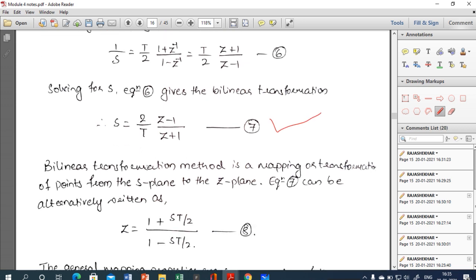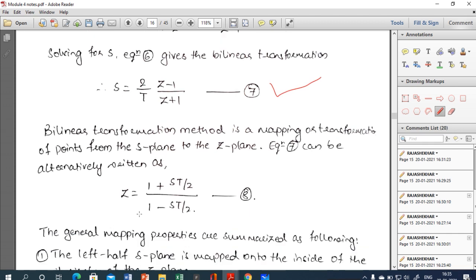Here, for the bilinear transformation method, mapping or transformation of points from the s plane to the z plane, equation 7 can alternatively be written. Here I can solve it for z also. We get z equals 1 plus st by 2 divided by 1 minus st by 2. As I said, s represents analog and z represents digital.